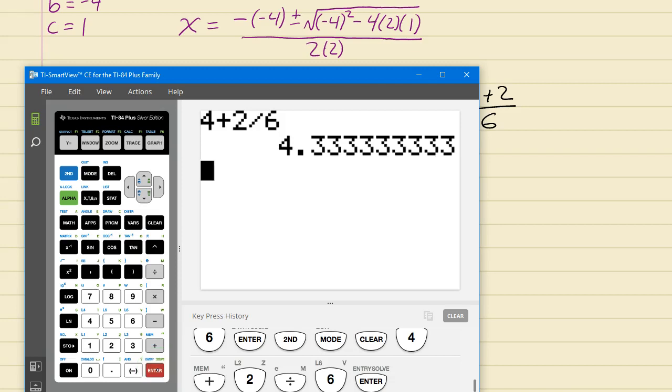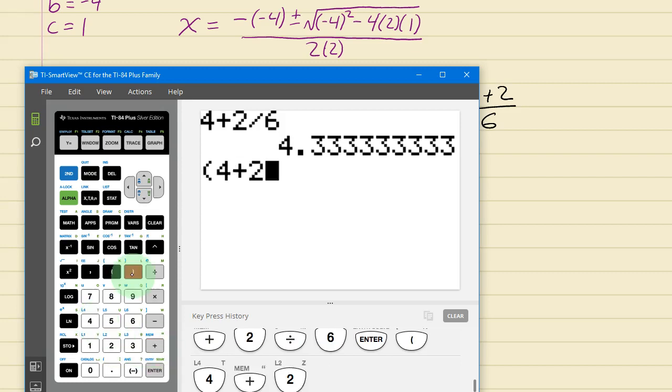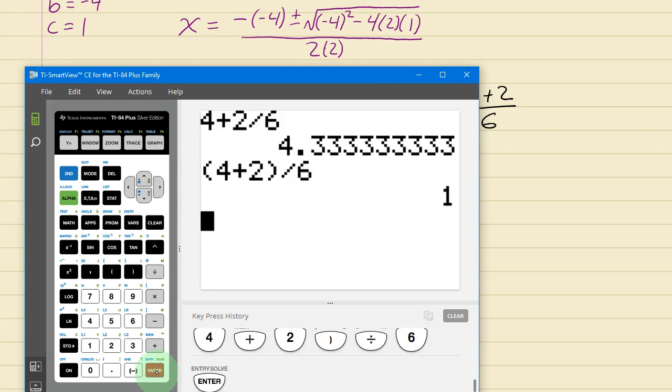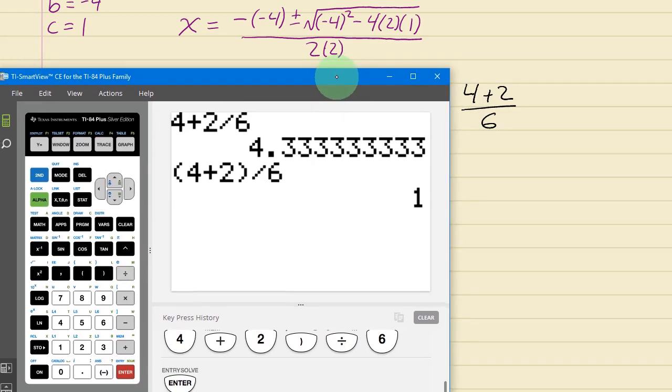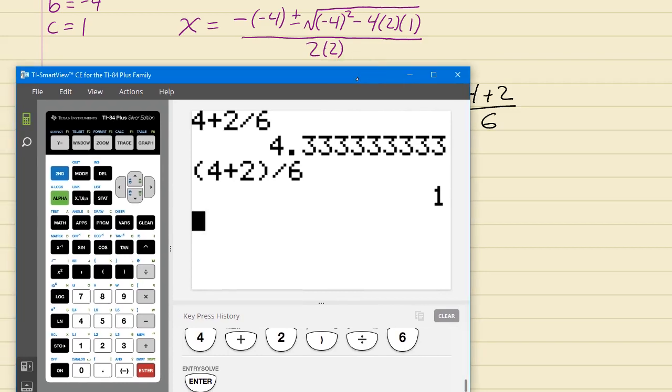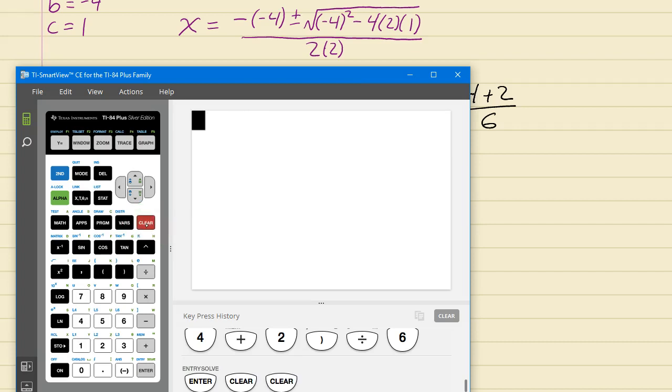So what you need to do is have parentheses around the 4 plus 2 and then do that divided by 6. And that will give you what it should become, which is 1, because, of course, 6 divided by 6 is 1. So keep in mind that the top of this is going to need parentheses around it.